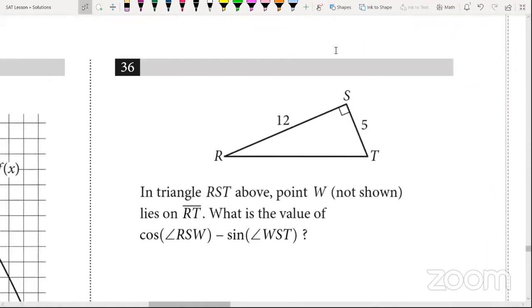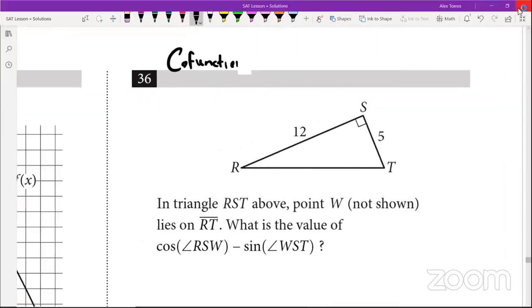So now we have number 36. 36 is getting at the idea that the co-functions, let's go ahead and reset this.